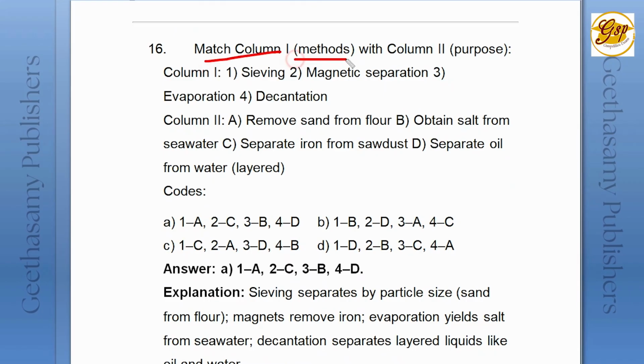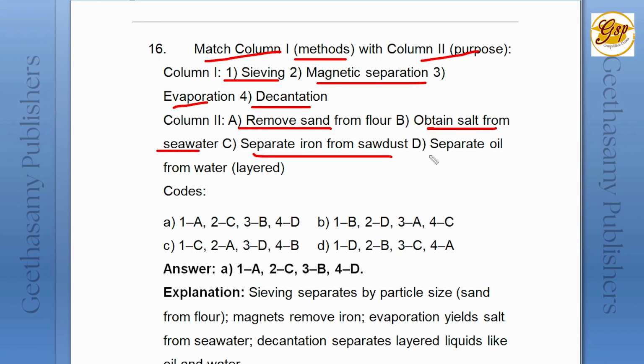And 16th question. Match column 1 with column 2. Sieving, magnetic separation, evaporation and decantation, with: remove sand from flour, obtain salt from seawater, separate iron from sawdust, and separate oil from water.